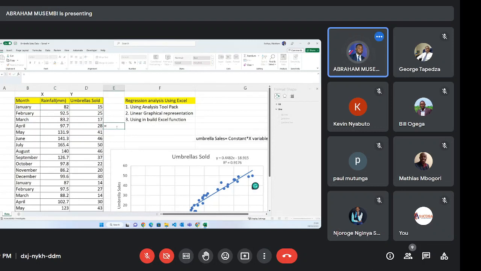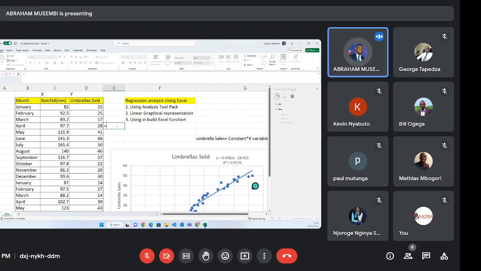Equal to that would be our constant. So you can say, in brackets, 0.4482, multiplied by our x variable. What is our x variable? For now we need 82.